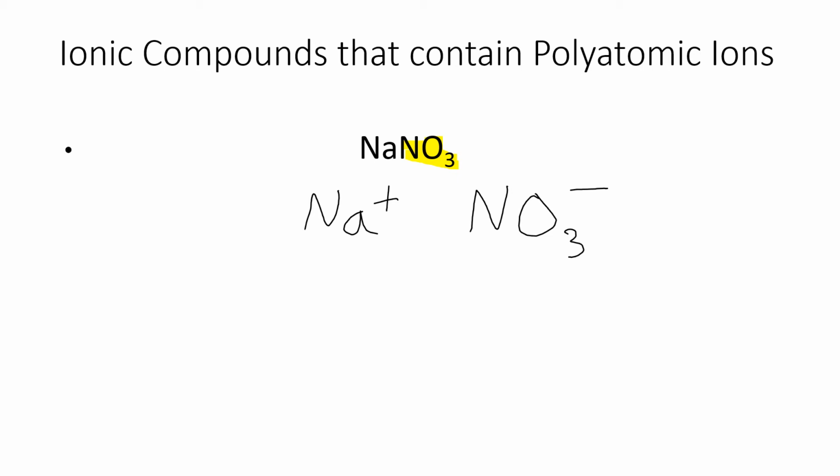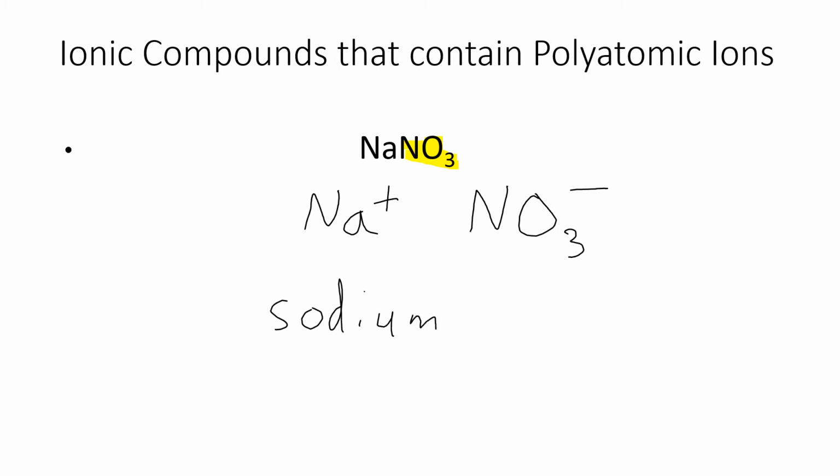If you split it up, you'll never achieve charge balance, and there's no way of really fixing that. You have to absolutely keep it together. Now when we name this, we follow the same procedure we did before. Positive ion comes first, keep the name of the element, that's sodium.